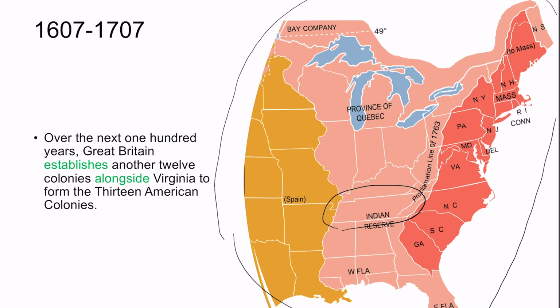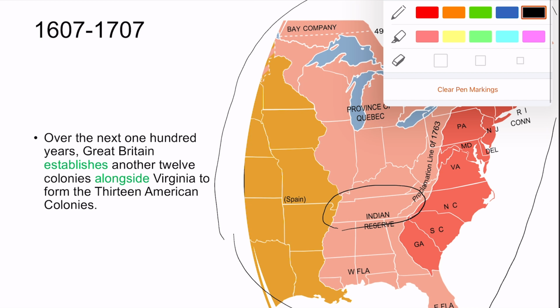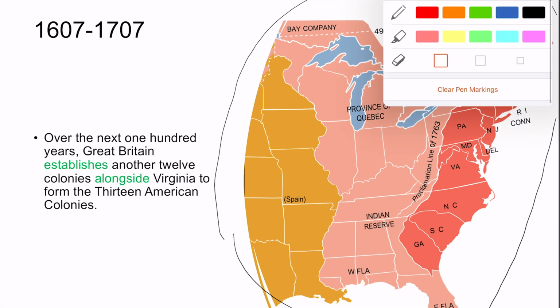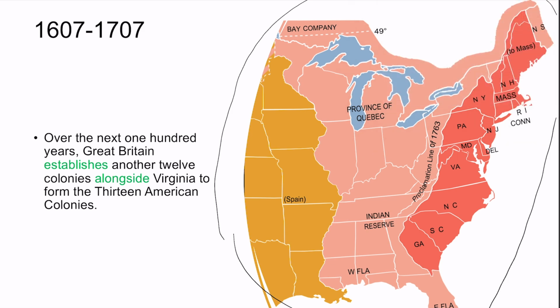So, since we can see that state in this map, we know that perhaps this is a modern map of the United States. And here, we can see that there are some of the original 13 colonies. We can see states along this eastern coast.